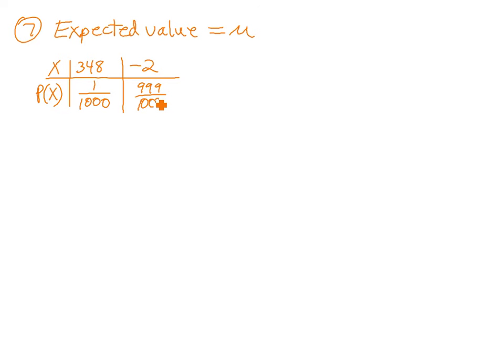And what we do here is we take our x times our p of x, and we add all those up. Well, there's only 2 of them. So here, x times p of x is 348 over 1,000, plus here, x times p of x is negative 1,998 over 1,000.